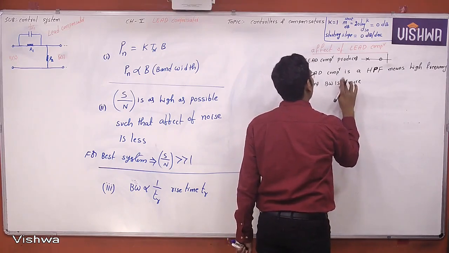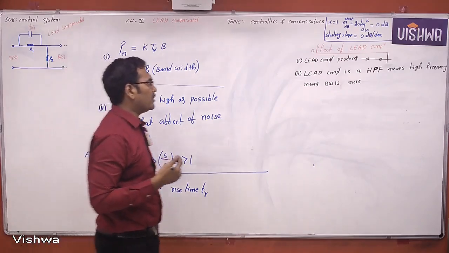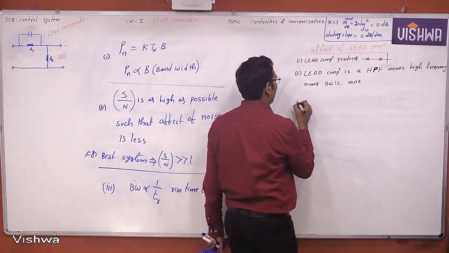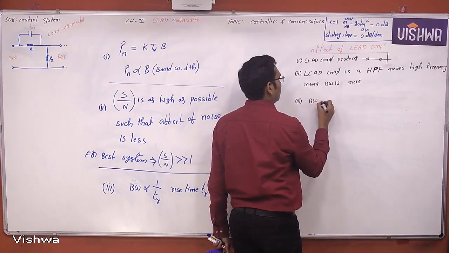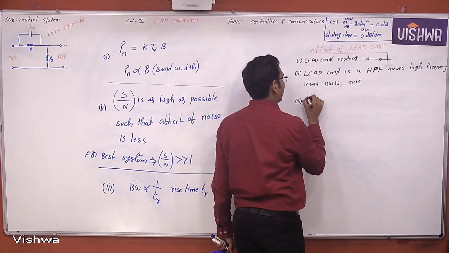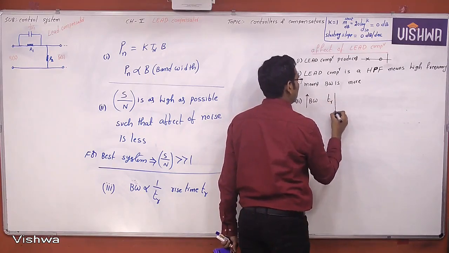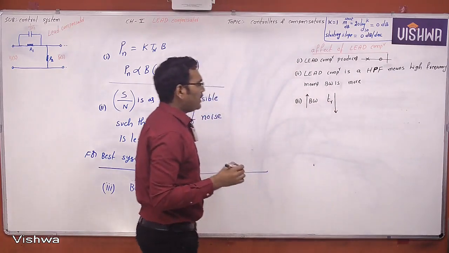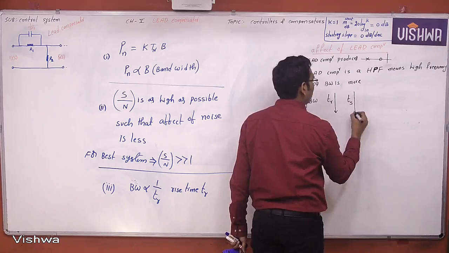Is it right or not? When bandwidth is more, rise time decreases. When rise time decreases, settling time also decreases.